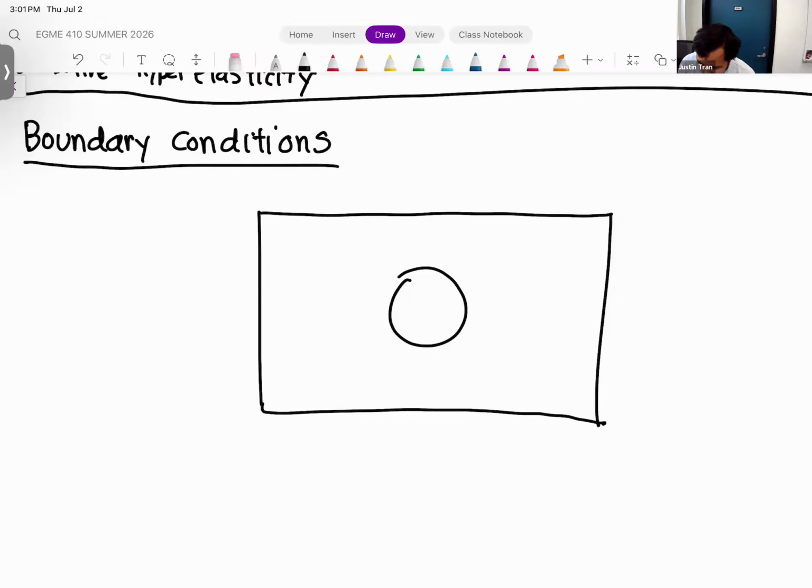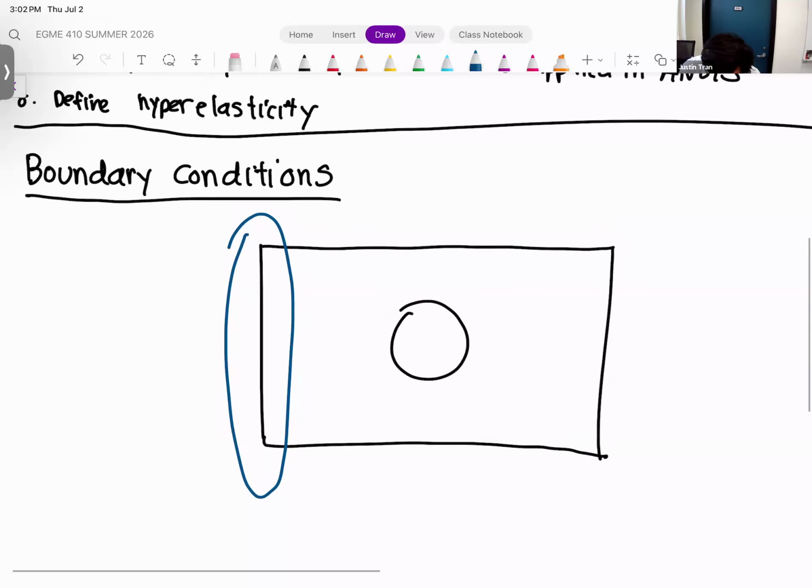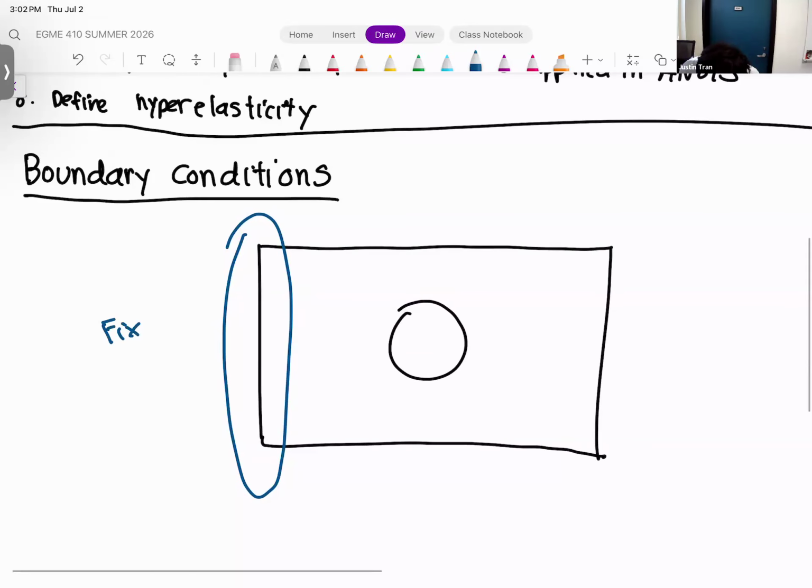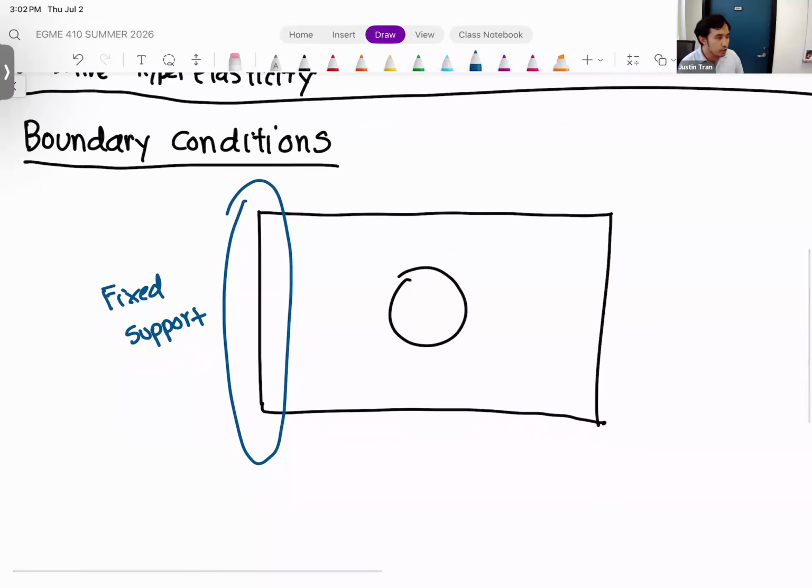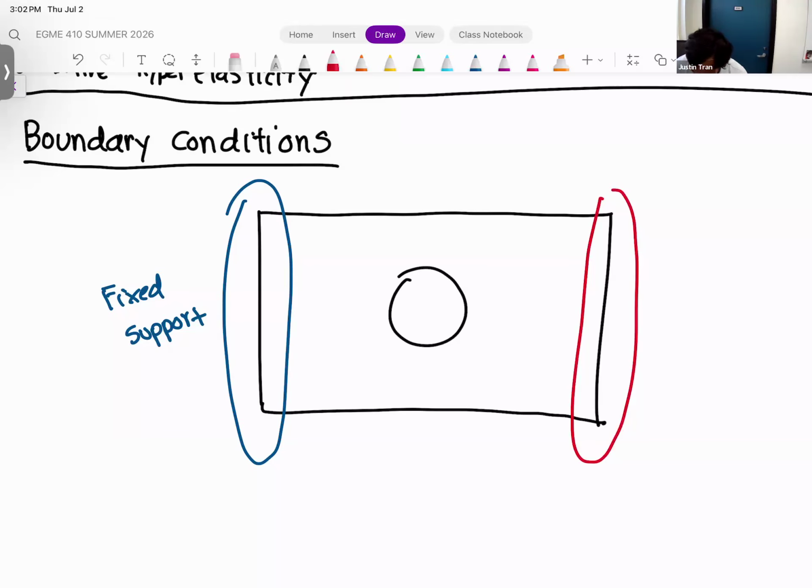On the left side, we applied what's called a fixed support. Basically, we assumed that side of the plate was fixed, so it would not move, and there was no deformation on that left-hand side. Whereas on the right-hand side, we applied a tensile pressure.